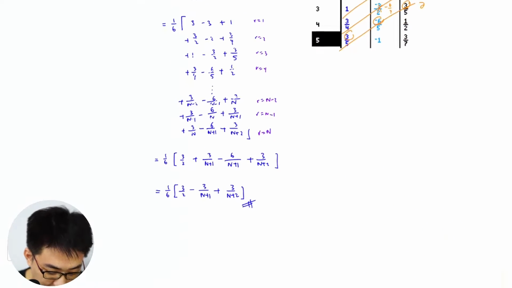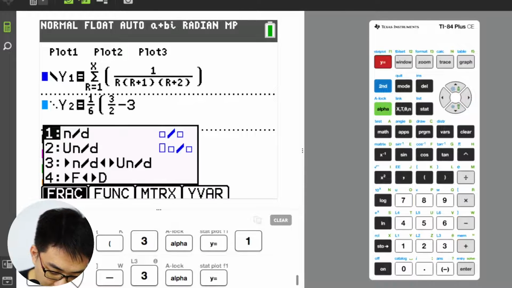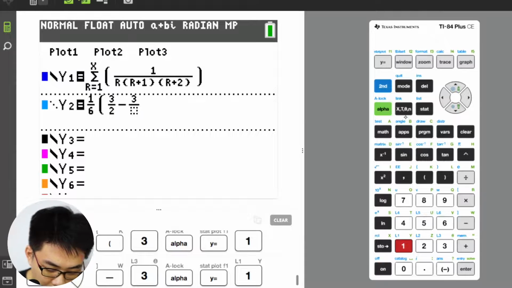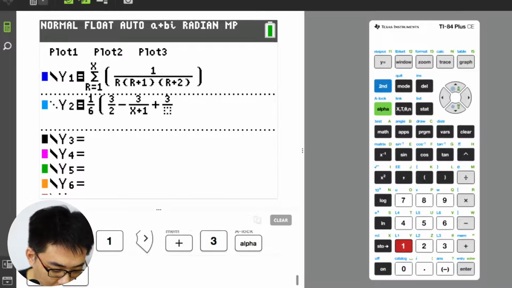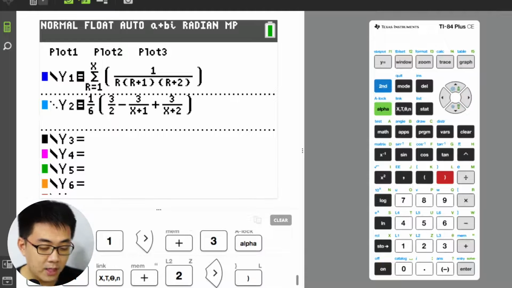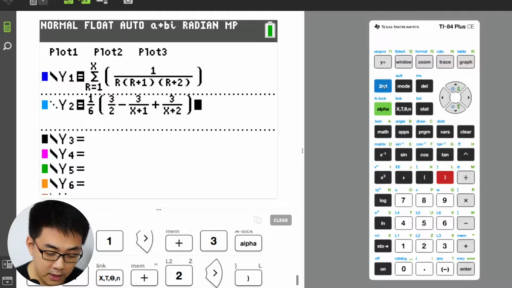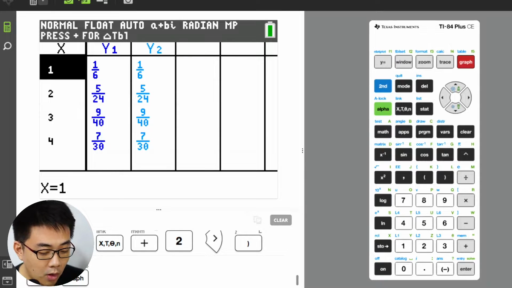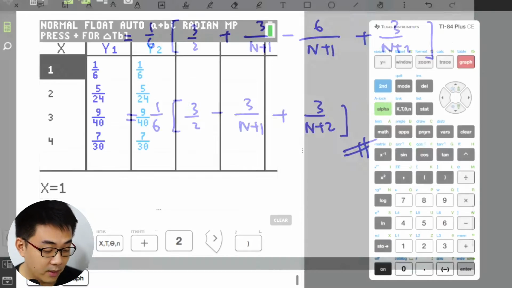So n, this will be 3 over 2 minus 3 over x plus 1, then plus 3 over x plus 2. Bracket. Okay? Key these two in. One is the answer, one is the question. Obviously, you just go to the table. Your whole objective here is to make sure all your stars are aligned. So you see the one on the left and the right are the same, it means your answer is correct. I don't even need to check the answer scheme. I know that this is definitely correct.